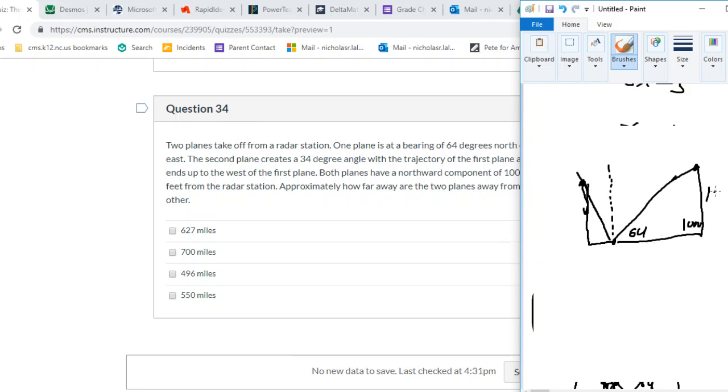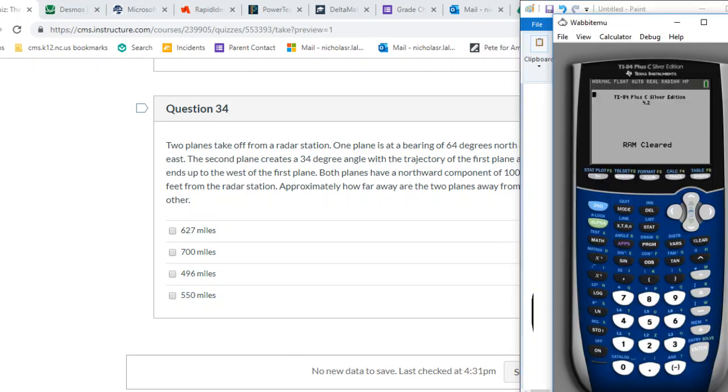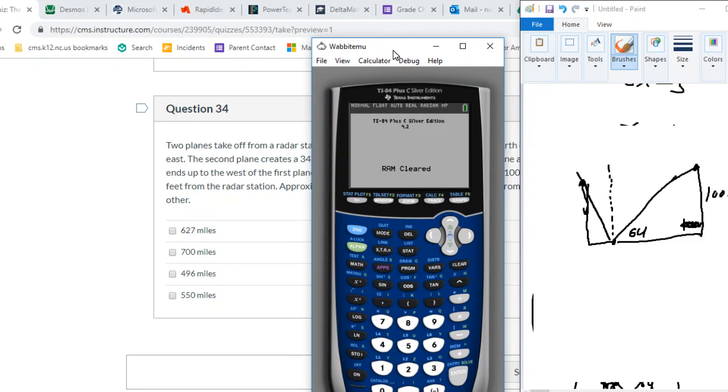So, oh, the issue is sine, right? No, it's a tangent, right? I used it wrong. The tangent of 64 is 1000 over x, and this applies to the other angle as well.